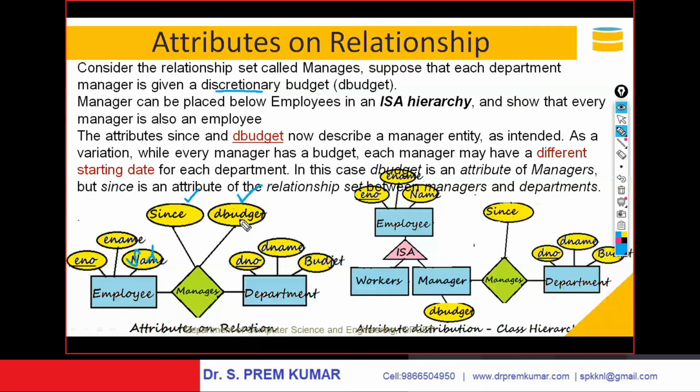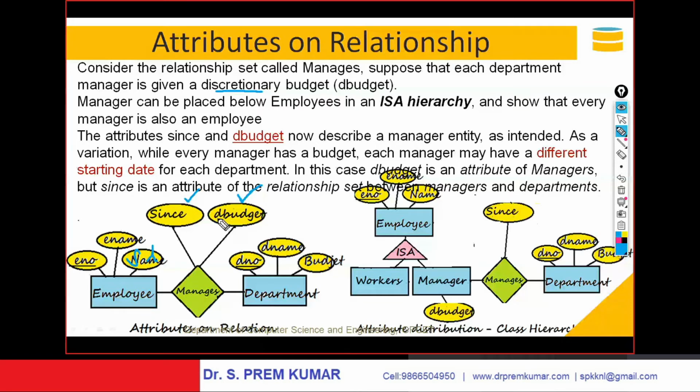Once again, I am repeating what is being specified. Employees are there, they are working for the department. Among these employees, there are some managers. For managers, some amount is given to spend for the welfare of the department, which is called discretionary budget, D budget.